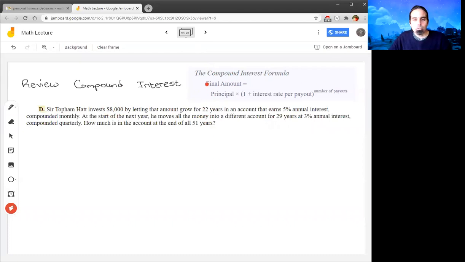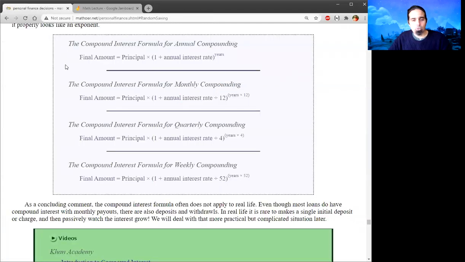The compound interest formula is based on how often do payouts happen? What's the rate per payout? What's the number of payouts? And some people don't like using a generic formula. So if you look in the notes a little farther down from this one, there are different formulas that say if the interest rate is given annually, which it always is, then if it's monthly compounding, we need to divide it by 12.